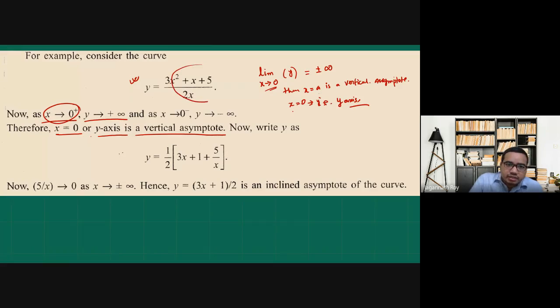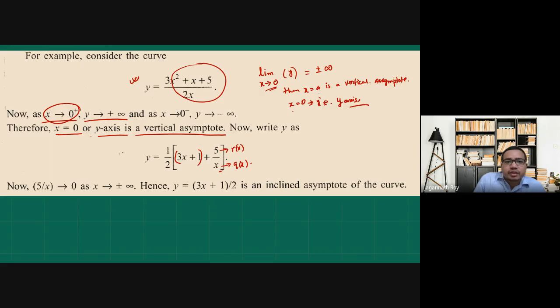Now this function can be written in this form, where R(x) is a degree 0 polynomial, 5, and the degree of Q(x) is 1.